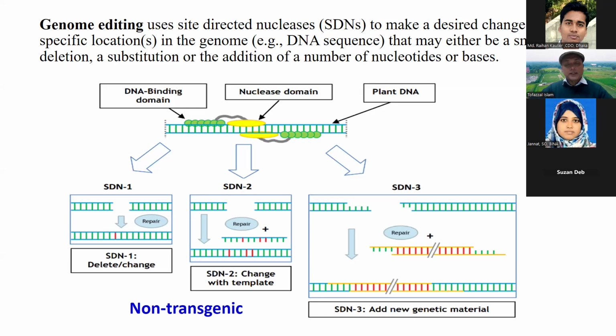And in case of other animals, for example cattle, sheep or goat, or human, in China one scientist edited at the germline level after fertilization; the embryo was edited, and two babies, Nana and Lulu, were born.